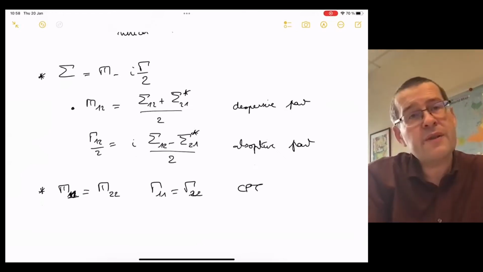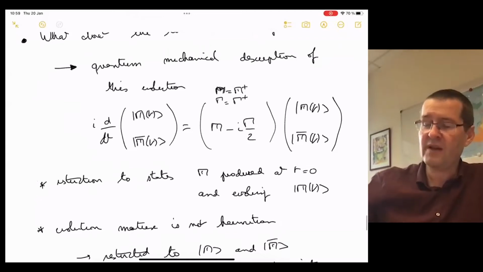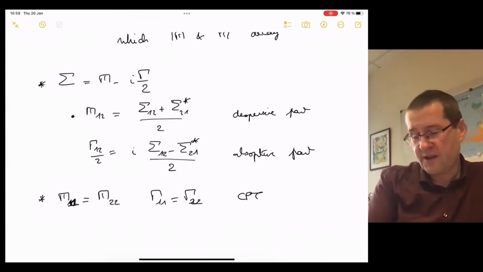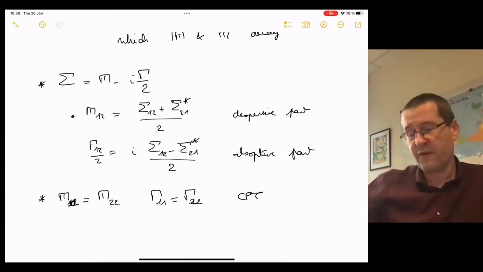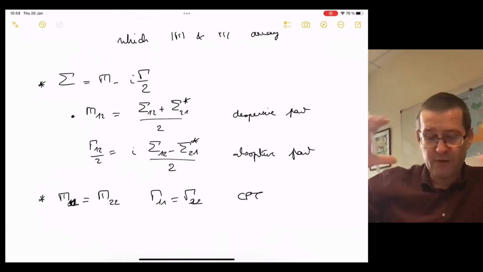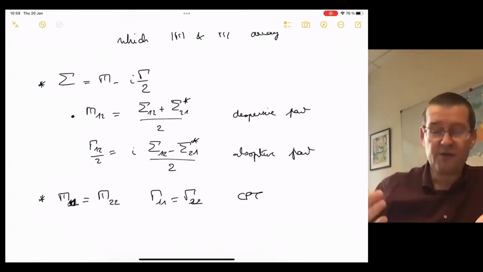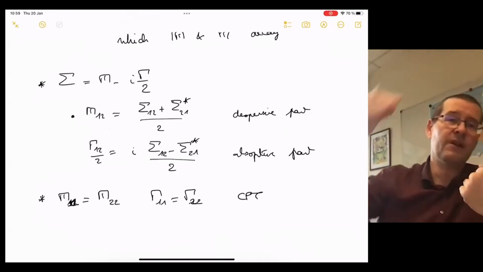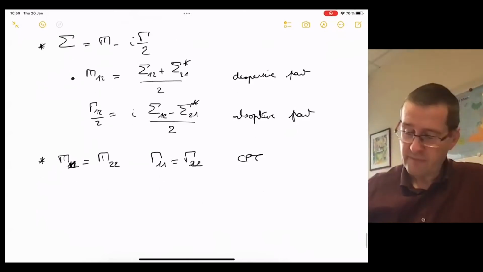And when you're applying CPT and looking at the matrix elements, when you're staying from M and going into M, you can connect the matrix element for the transition where you stay from M to M and M bar to M bar. And that means that you need to have the same value for the M11 and M22, sorry, and the gamma 11 and the gamma 22 entries.